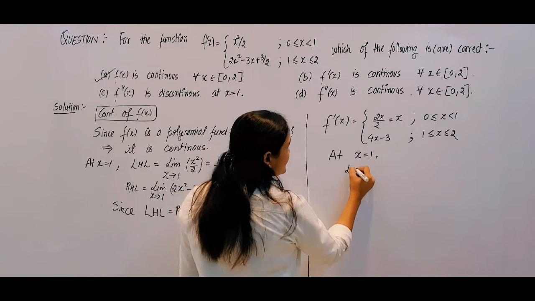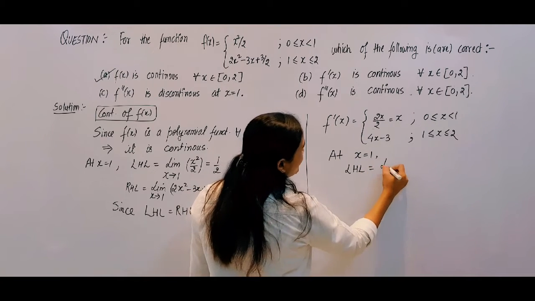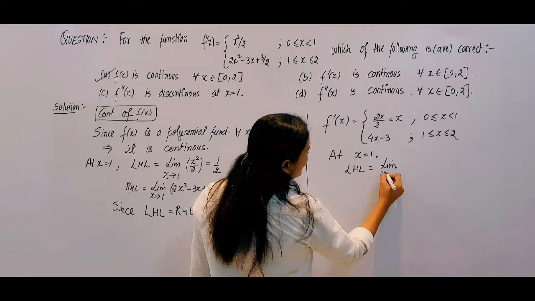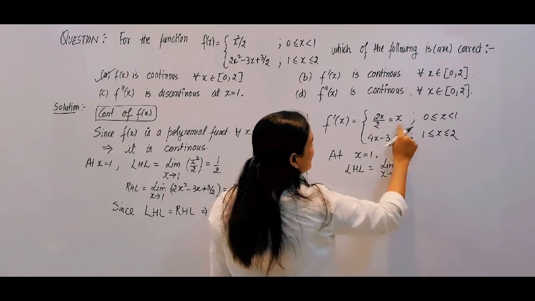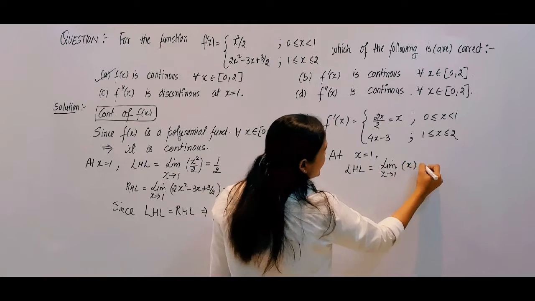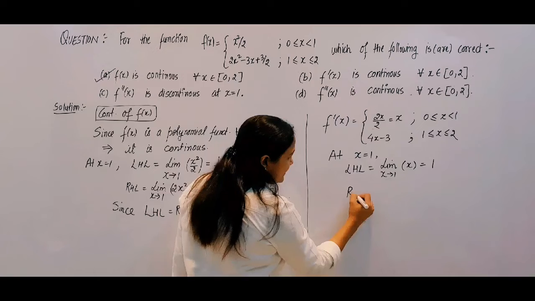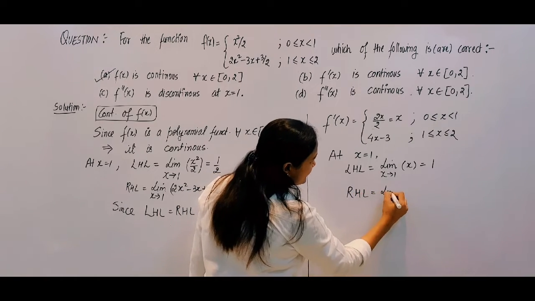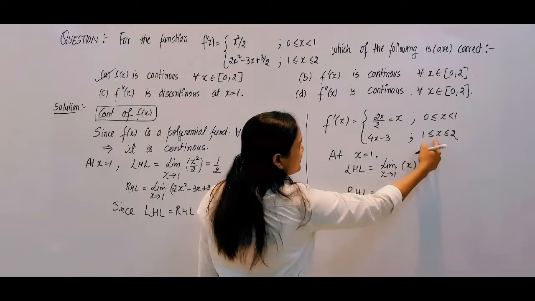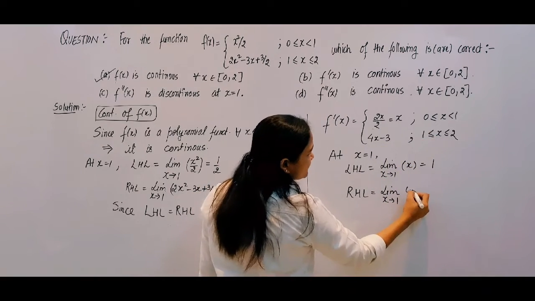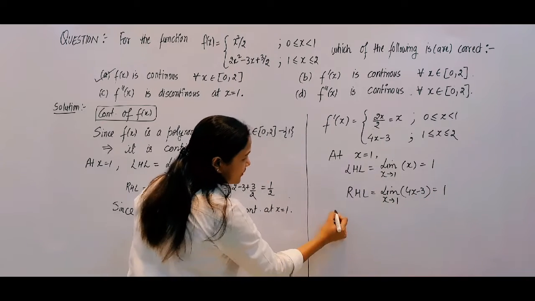Now at x is equals to 1, left hand limit of your function will be limit x tends to 1. इसके लेफ्ट में, to the left of 1 your function is defined as x and that will give you 1, and right hand limit is limit x tends to 1. To the right of 1 your function is defined as 4x minus 3 and this will again generate 1.